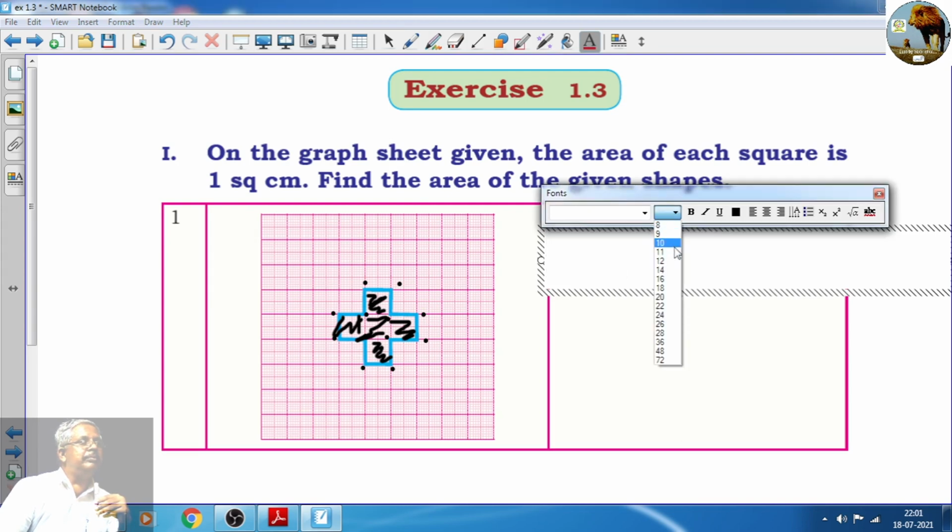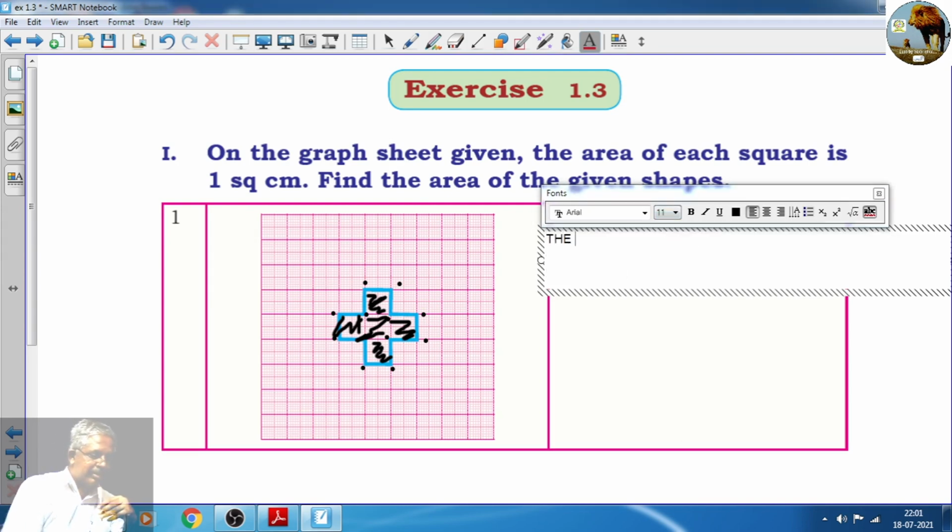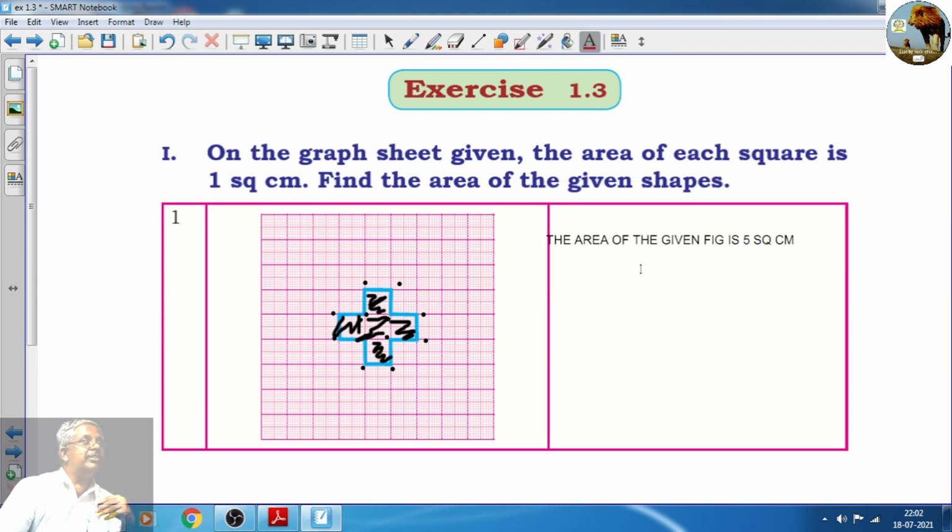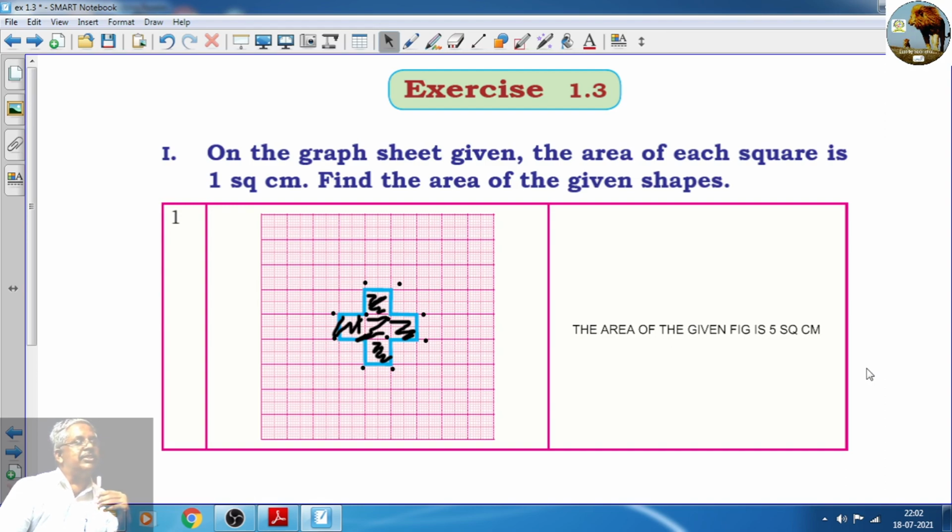The area of the given figure is 1, 2, 3, 4, 5. How much? Square centimeter. There is a spelling mistake. Let me cut this and write square with a space here. And that's it. So what am I having? Area of the given figure is 5 square centimeter.